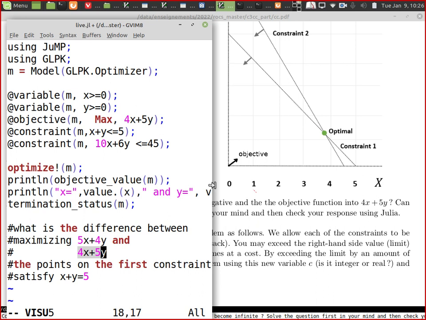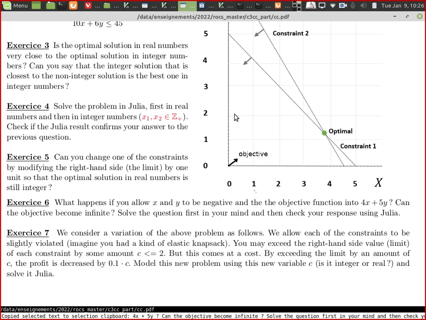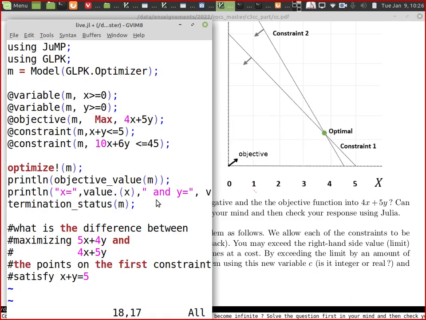So that's why the optimal solution is on the y-axis. In the second case, it has the interest of maximizing y up to here and minimizing x. For the initial function, it has the interest to make as much x as possible, and it will go here. It cannot go any further in the initial case because I have a second constraint.